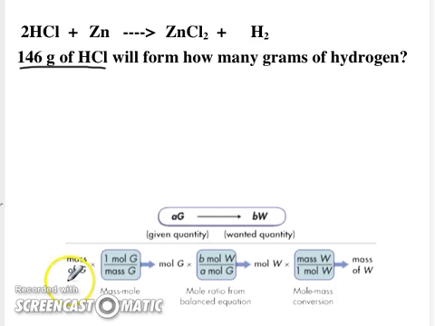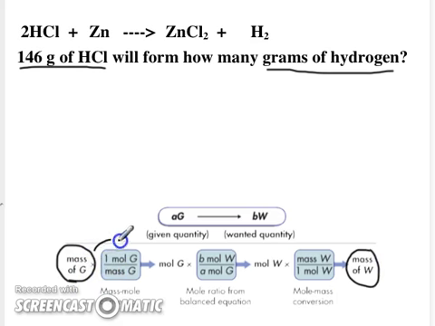So the given quantity is in mass. We're trying to find grams of hydrogen. That's what we want to find. That's also in mass. So if we look at this little chart here, it's going to take 1, 2, 3 steps to get there. So it's going to be 3 conversion factors.